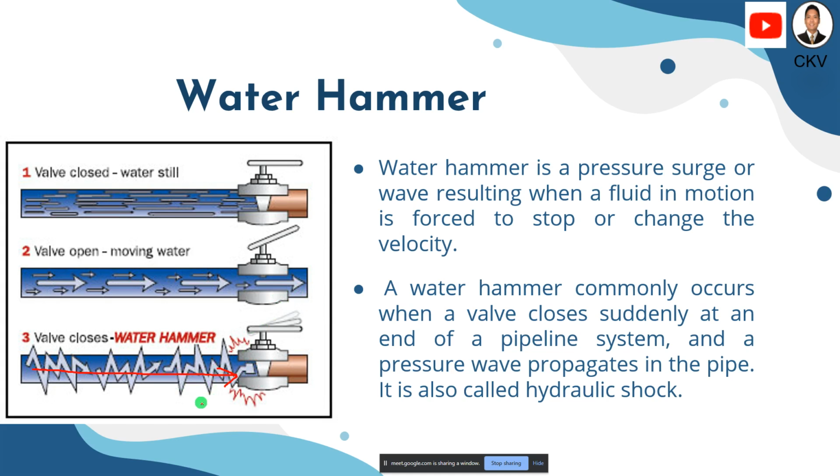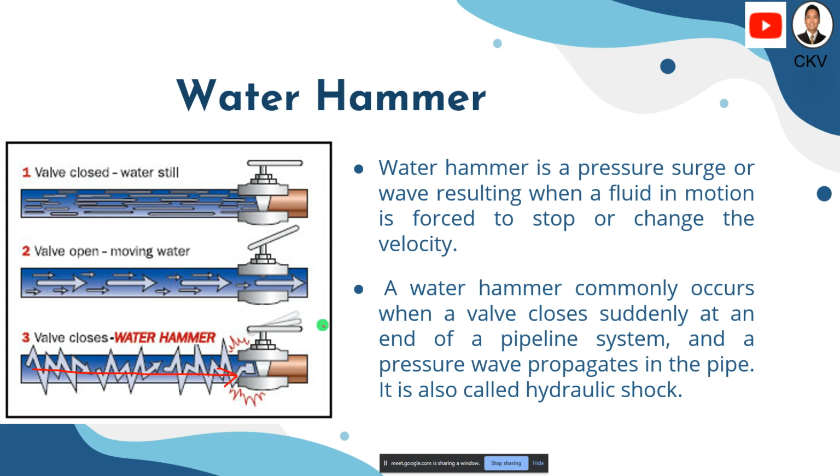It's like traffic or anything that flows when it is suddenly stopped. So there is congestion at the point where a path is closed. That's when water hammer occurs in our pipeline system.